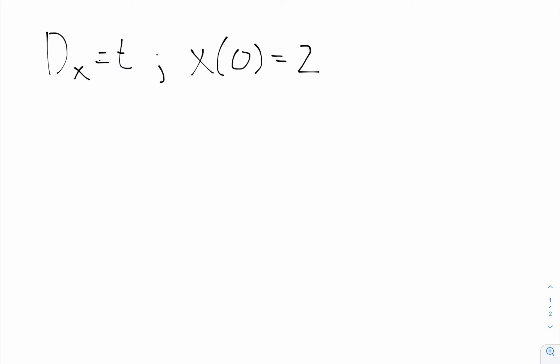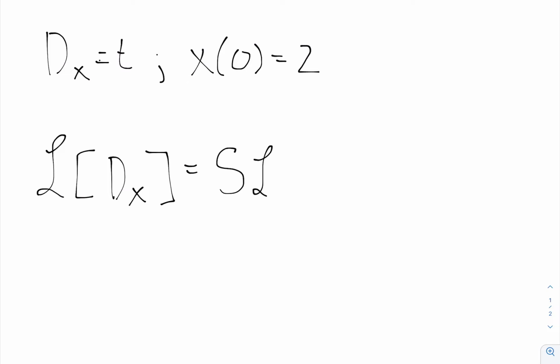An important thing you need to remember with the Laplace transform, and some things are worth deriving, but this honestly isn't: if you take the Laplace transform of a first order derivative, that's going to be equal to s times the Laplace transform of the original function.